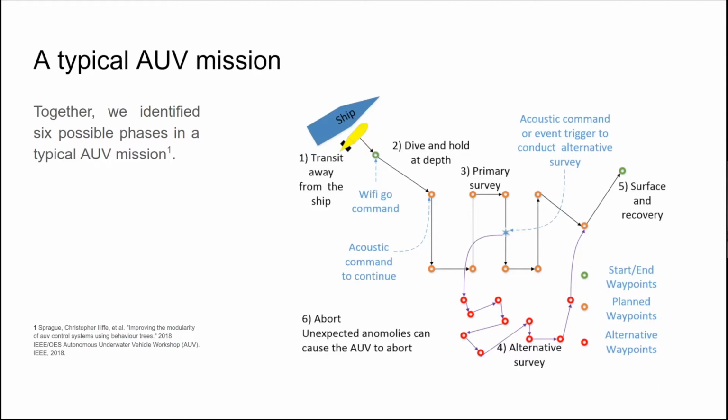If you detect an interesting object, add some new waypoints and do that autonomously without any user input. But you also want to make sure that the architecture is safe. If you get a leak in your vehicle, you autonomously abort, for instance. Behavior trees are really well suited for this type of mission execution.